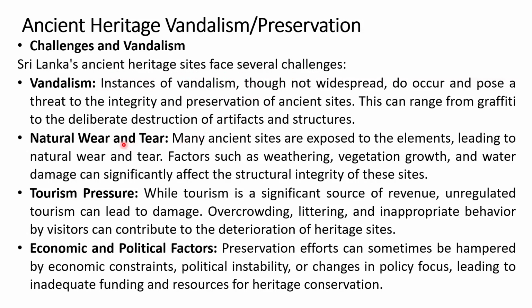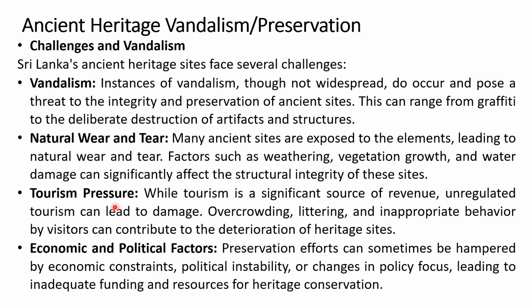Then the other main thing is natural wear and tear. Now our history goes back around 2,500 years. Just think about these Buddhist stupas and other things. Now they are suffering natural wear and tear. With this natural wear and tear, there is a huge challenge to preserve these sites for the next generation.